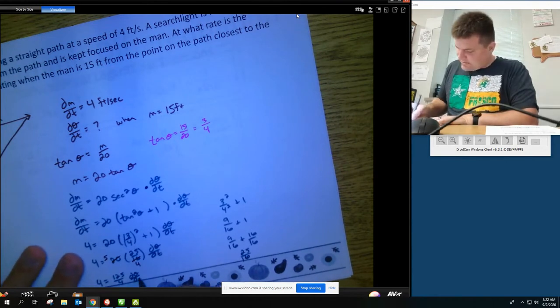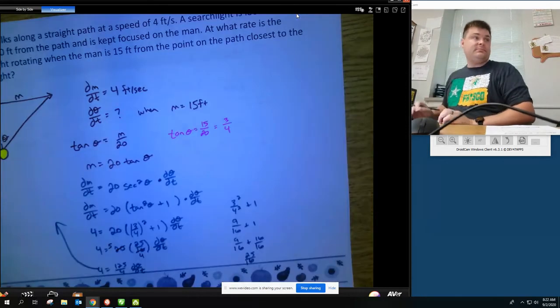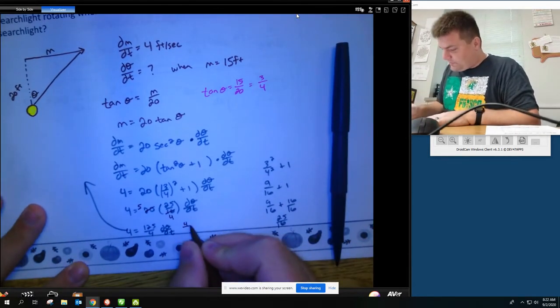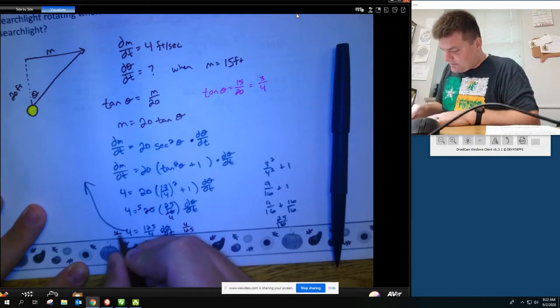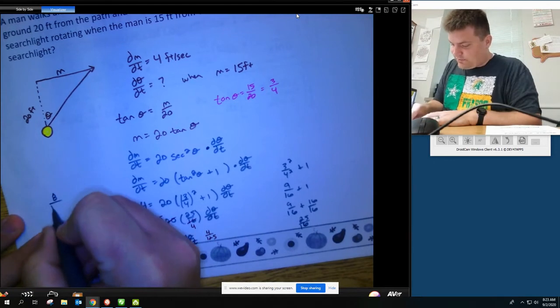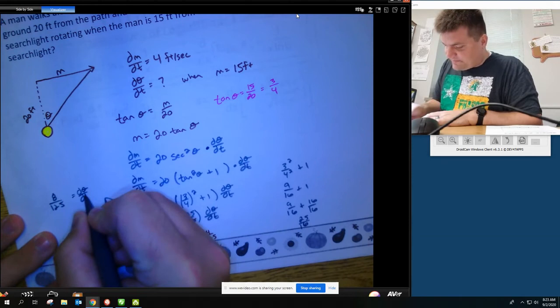I'm going to finish off the problem over here because I'm running out of room. Multiply both sides by 4 over 125, and I get 8 over 125 equals d theta dt.